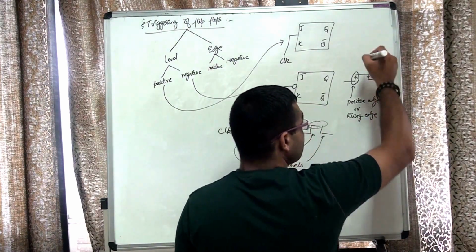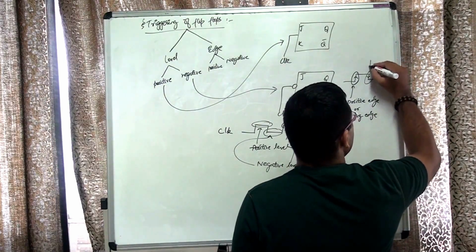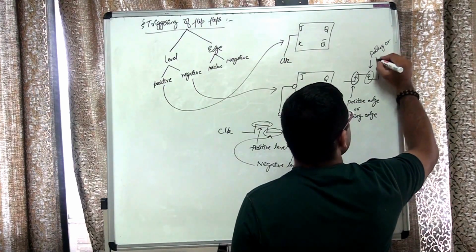Similarly, when its value goes from 1 to 0, this is called the falling edge or the negative edge.